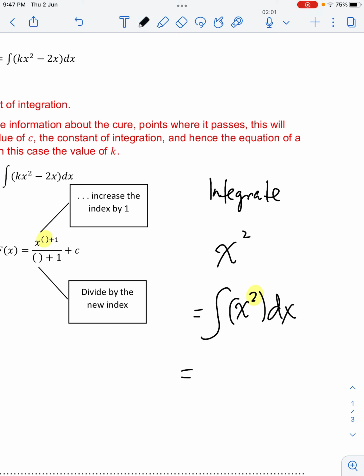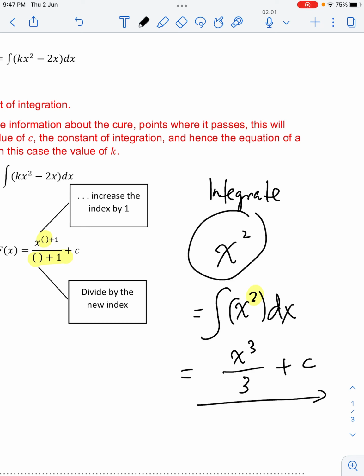So in this particular case, you're going to have x cubed, and then you divide by that same number, so in this case you divide by 3. And then obviously you have to say plus c, because you don't know where the curve will cut the y-axis.